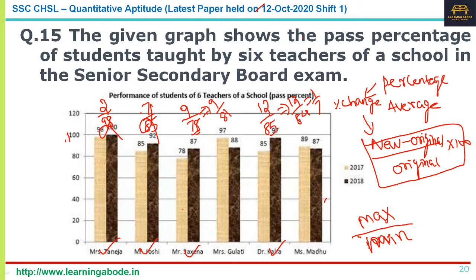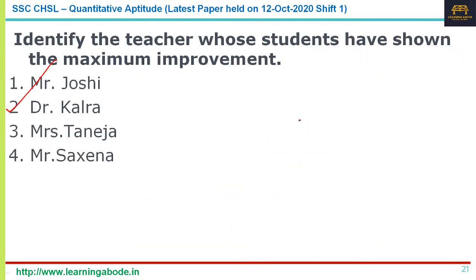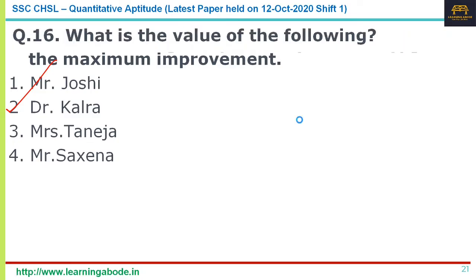So just go for approximation and get the answer. Or using your intuition, you can fix the answer initially itself by elimination. So the answer is option 2. Dr. Kalra is the answer for the question.